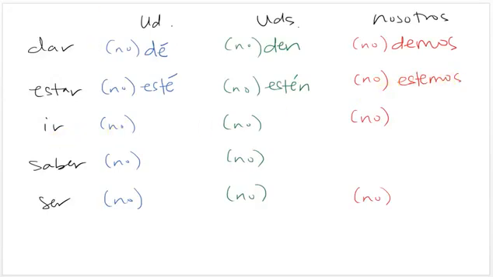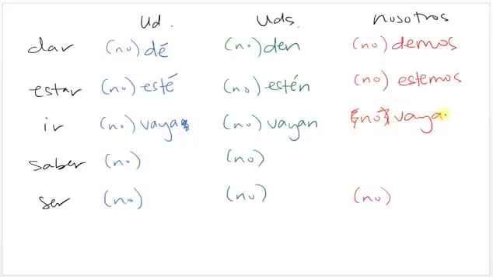For ir, remember this one's super weird and irregular. You just have to memorize it. In the negative command, remember it was vayas. So in the usted command, not vayas, just regular. So vaya or no vaya. For ustedes, vayan or no vayan. For nosotros, it is a little bit different. So the negative command is going to be like this.